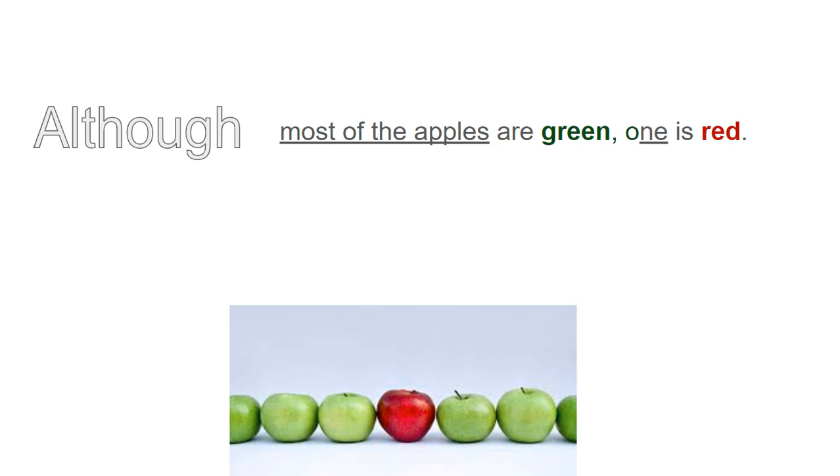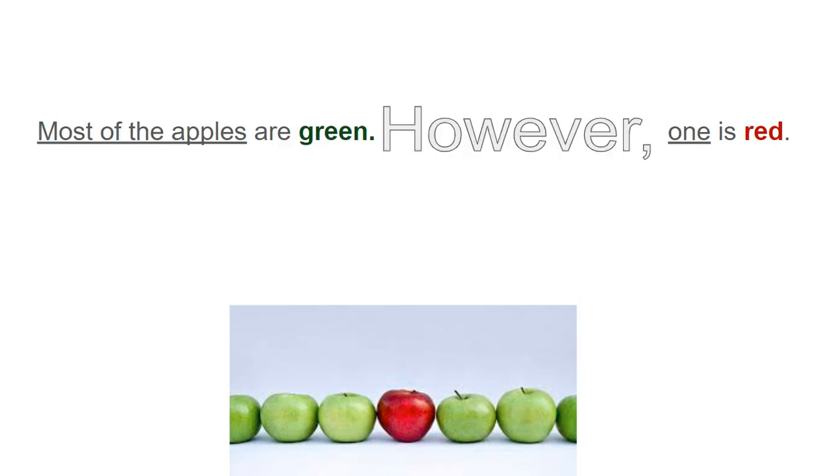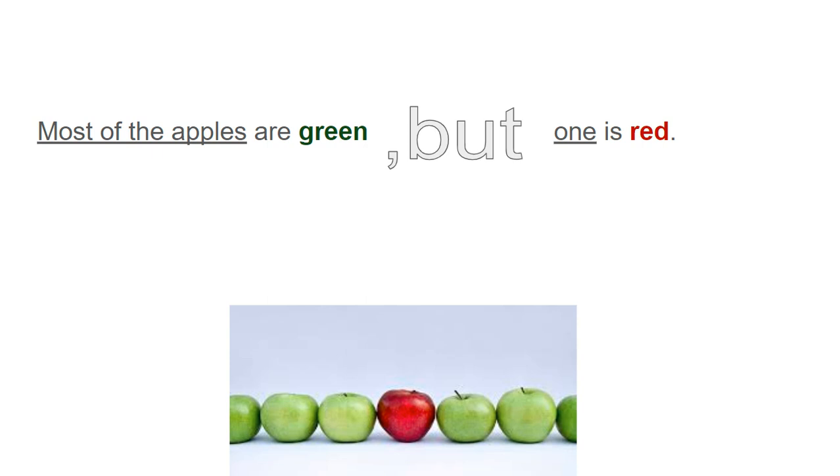Okay, so that's how you join clauses. We can join clauses with even though, although, however, and but. And you notice there's a little bit of difference with the punctuation and the grammar in each one.